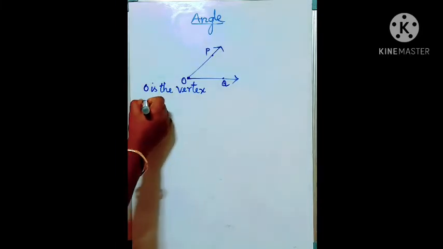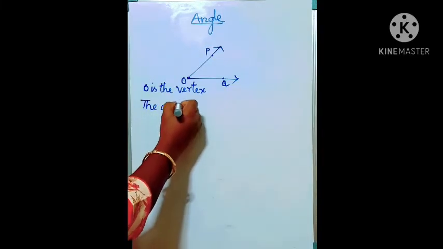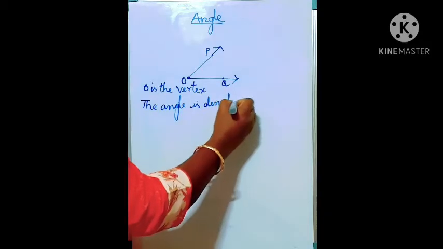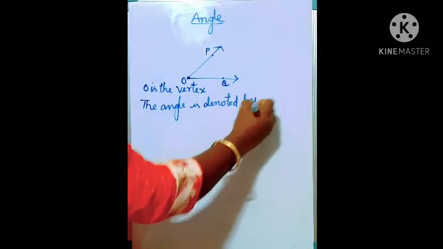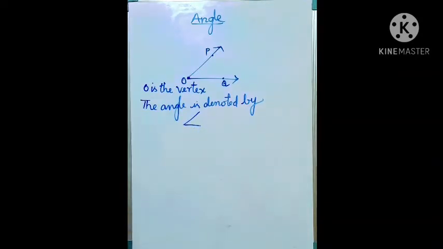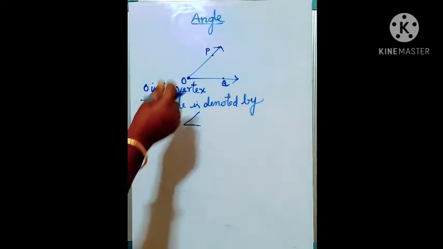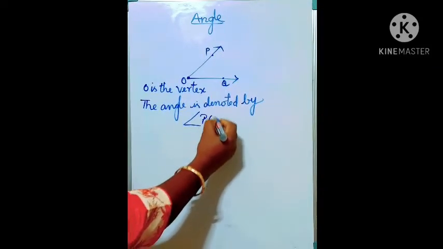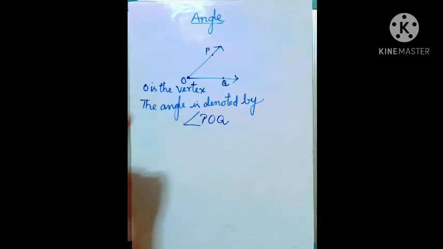Now, the angle is denoted like this. You can put an angle symbol like this, and you can name it POQ, in capital letters.